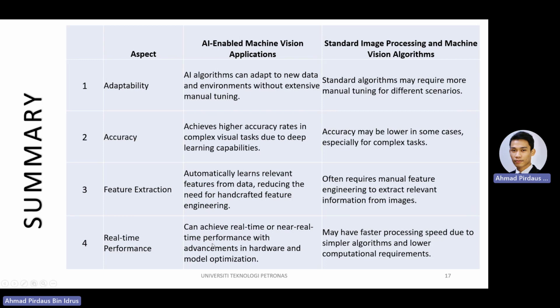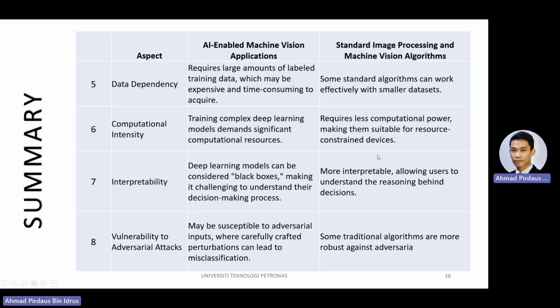The AI-enabled machine can achieve real-time or near real-time performance with advancements in hardware and model optimization. However, standard image processing may have faster processing because of simpler algorithms and lower computational requirements.